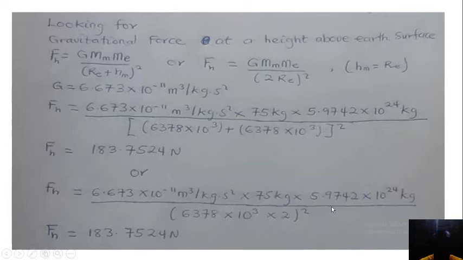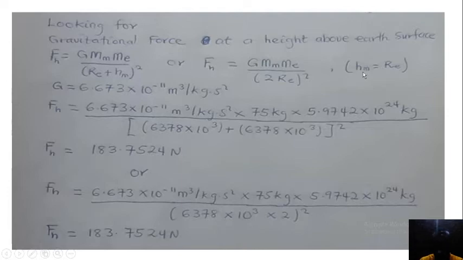Now we are looking for the gravitational force exerted on a body at that height above the surface of the Earth. And then we know that formula of F to be equal to the universal gravitational constant G times the mass of the man times the mass of the Earth over the radius of the Earth plus the elevation of the man, all squared.